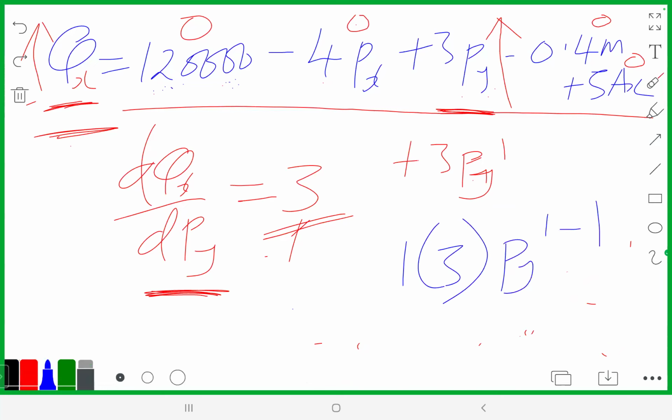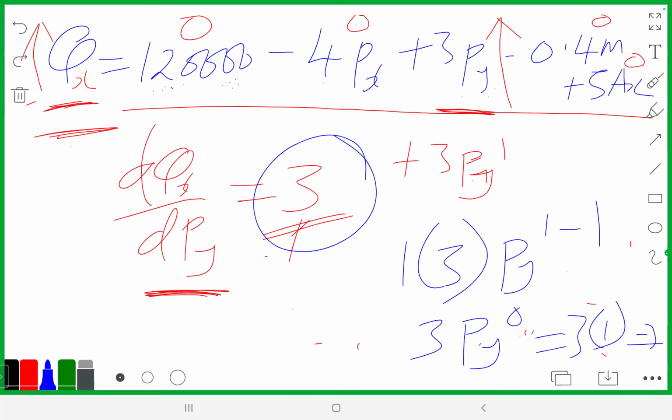You know that 3py to the power 0, then you have 3 times 1, and then you get a 3. This is the 3 that we have gotten. You got it? Did you get it?